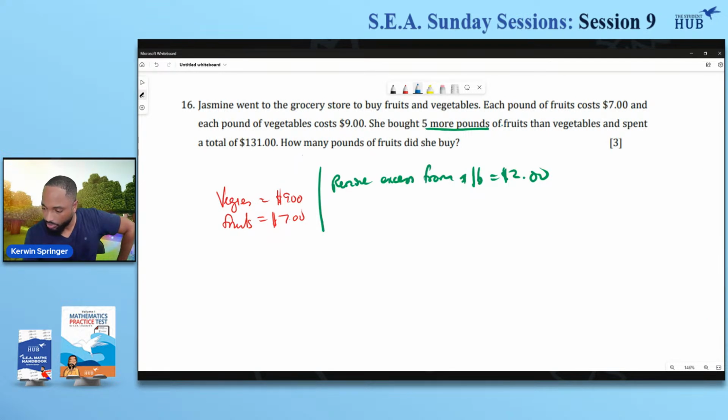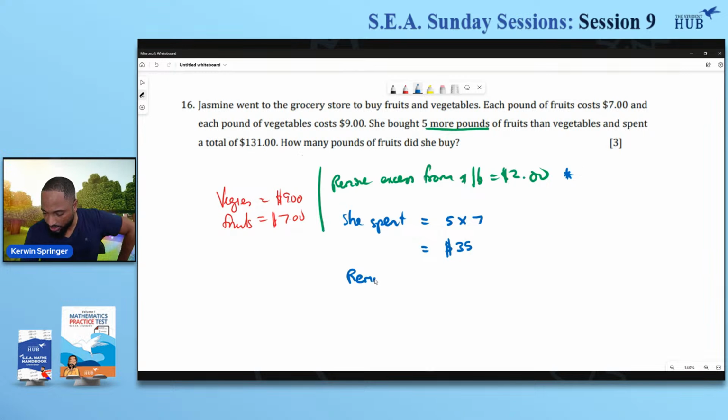The problem is she spent more on the fruits, which is interesting. So she spent 5 times $7 extra on fruits in terms of the pounds, which is how much? 35. So if I remove this excess first, it's important.